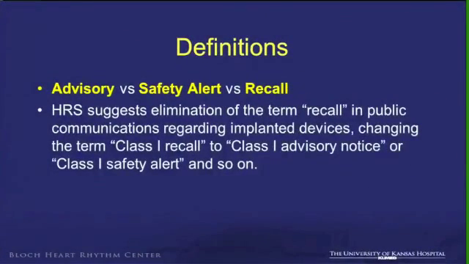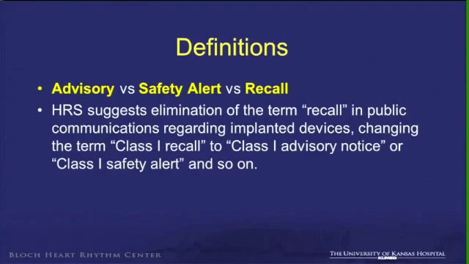Now, I want to go over the terms we come across: advisory, safety alert, and recall. They all mean essentially the same. They're used in different forms, and recall is the common term used by industry, like in the auto industry, where when there is a recall, you essentially replace the part or the device.